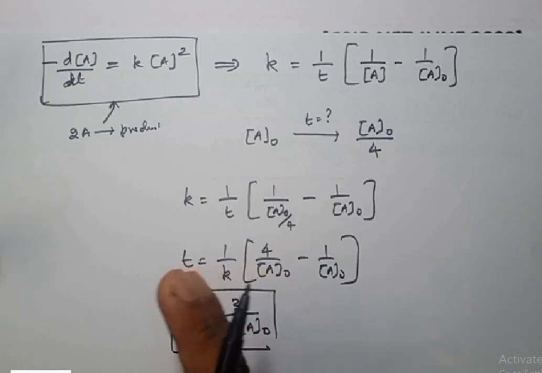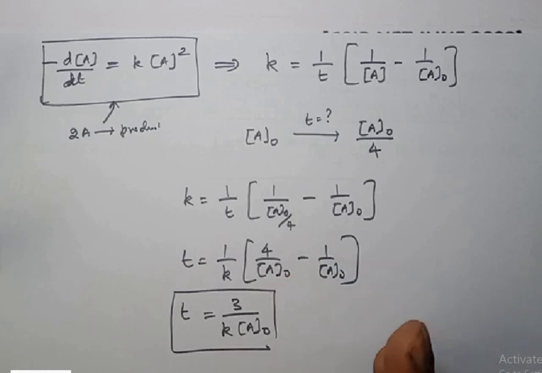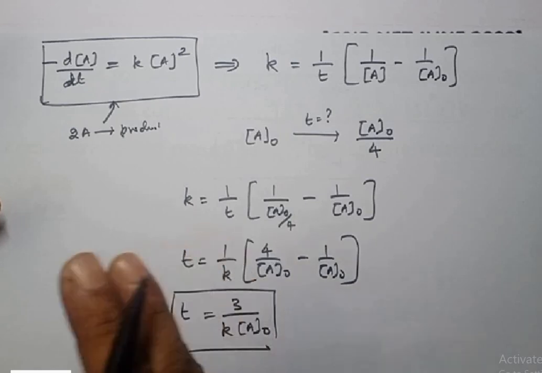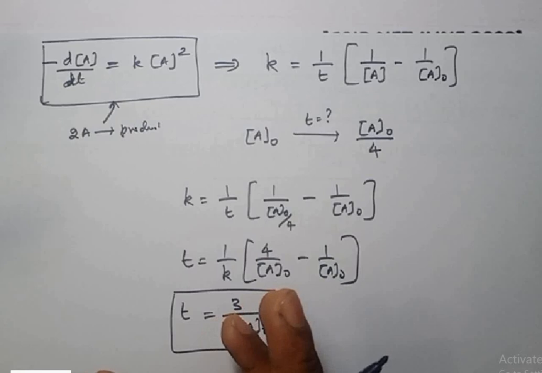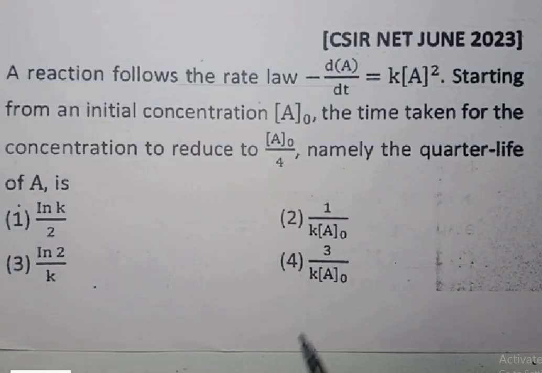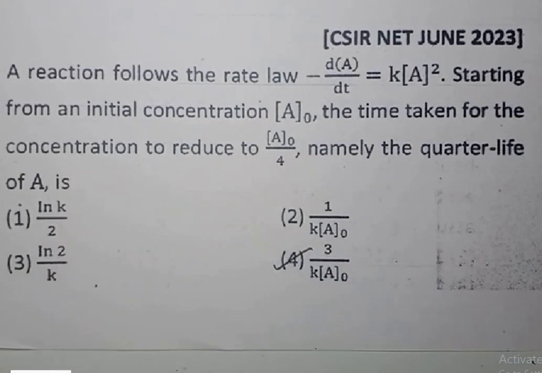That means 3 by 4th amount will react. So this is the time for 3 by 4th amount of the given reactant to react. So the correct option for this question is option 4, 3 by k into A naught.